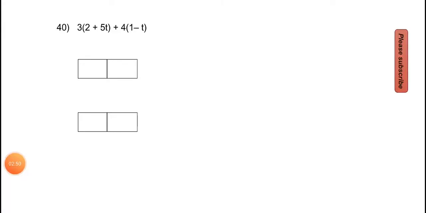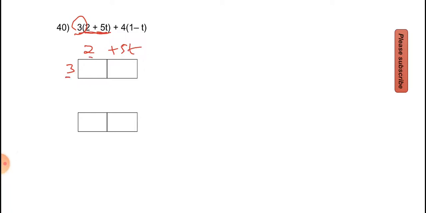So question 40 now. So if we expand the first single bracket, because I can see 3 on the outside of the bracket, I'll put the 3 on the left here, and then I can see 2 plus 5t inside the bracket, so 2 plus 5t will come on top there.